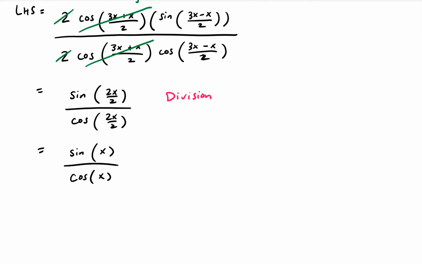And so we got to this stage by also using division again, and then we know from the reciprocal identities that that is equal to tangent of x. And that is equal to the right-hand side, so we are done with this example.